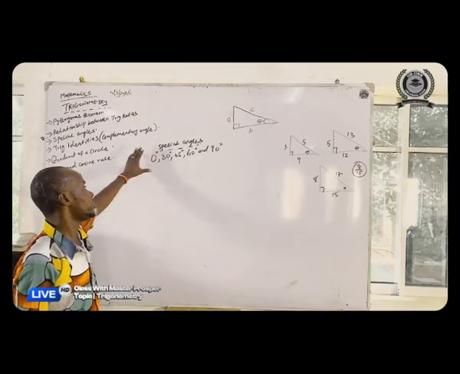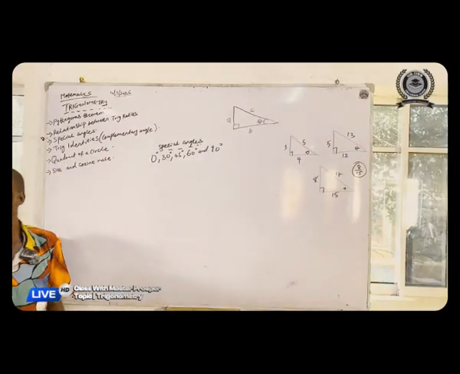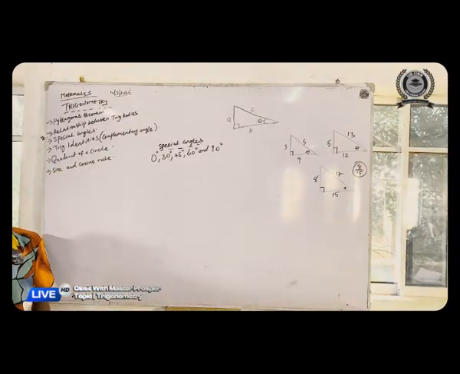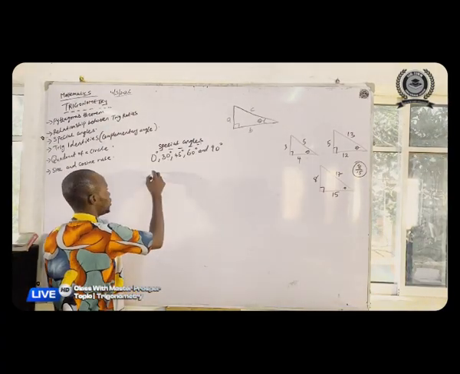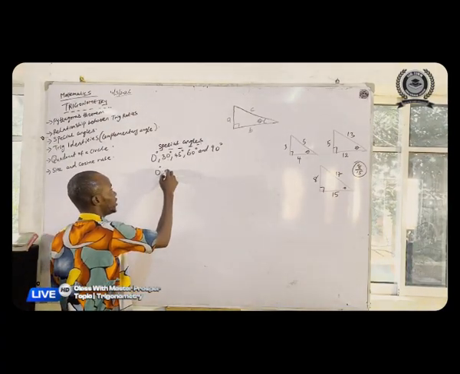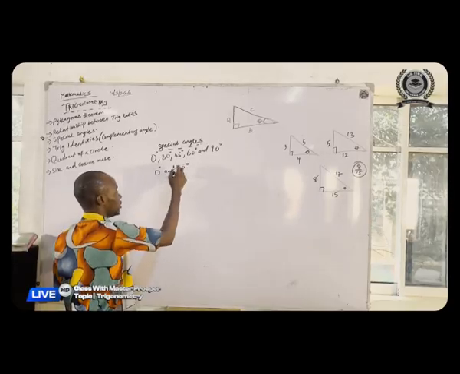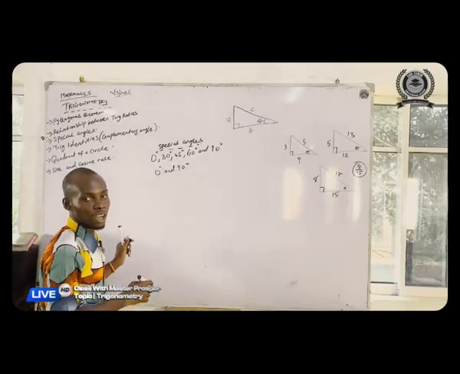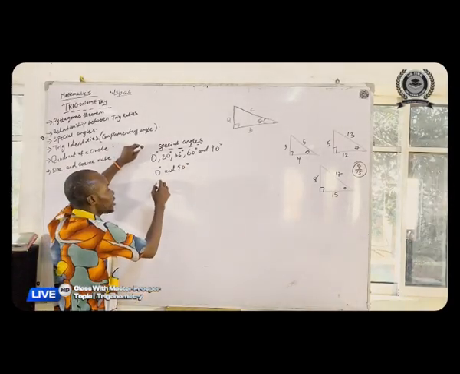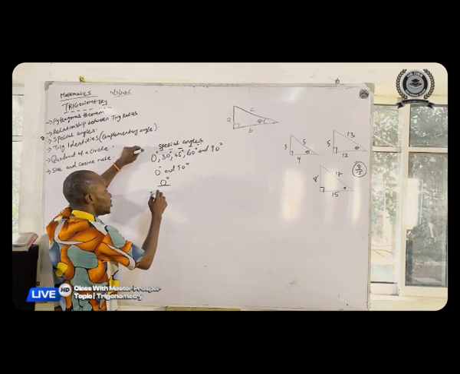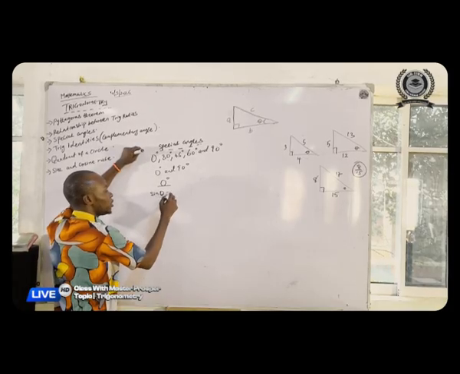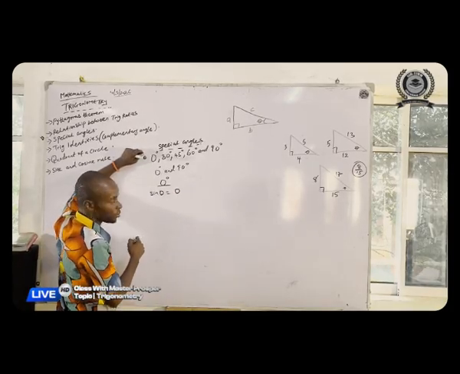Now, since we are having this, there are two major constant angles that we always have here, which is 0 and 90 degrees. Why did I say that always constant? When we come to 0 degrees, we have that sine 0 is equal to 0.